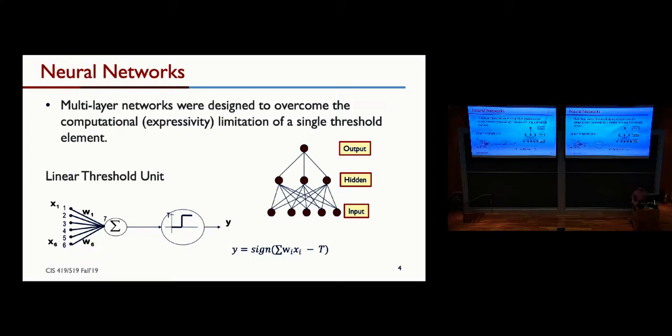You can take those linear threshold units and compose them in parallel, and then you can stack them up and try to make these more expressive function approximators. So these are also called multi-layer perceptrons. The single linear threshold unit is also known as a perceptron, and when you stack them up in multiple layers, they're called multi-layer perceptrons.